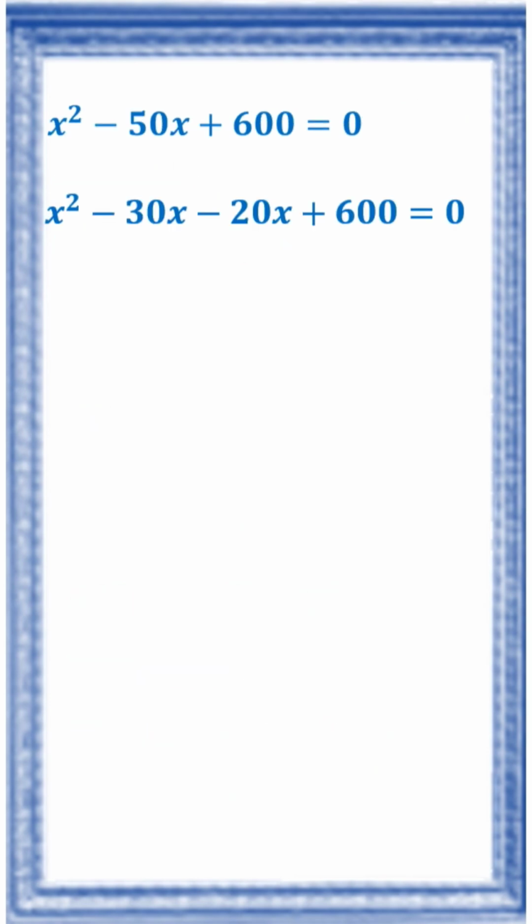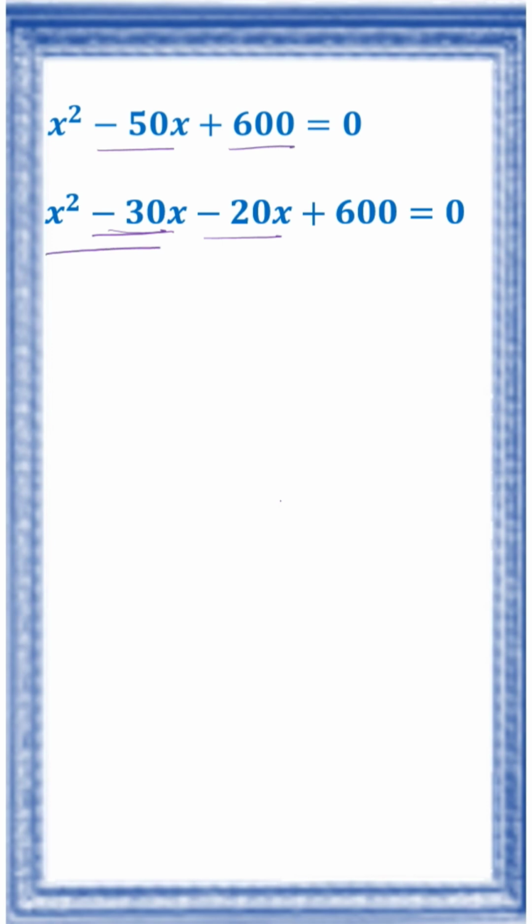Now let us factorize. Minus 30 minus 20 is equal to minus 50. If you multiply minus 30 and minus 20, you will get 600.